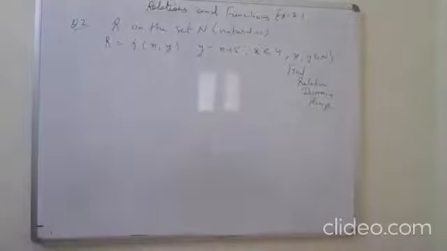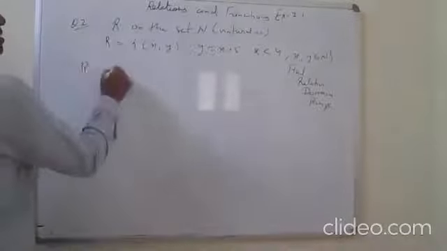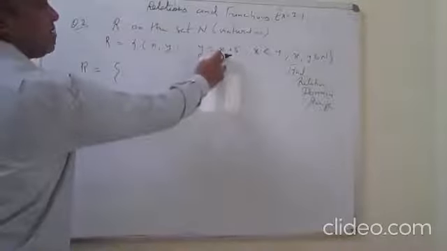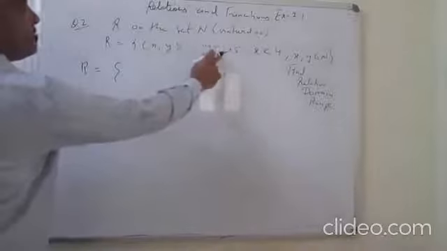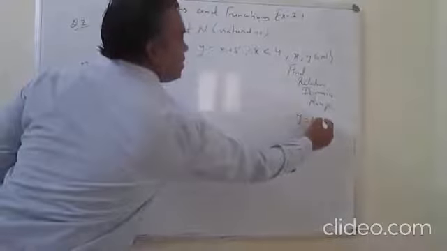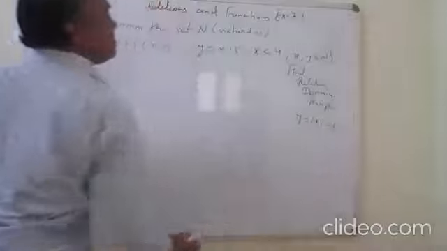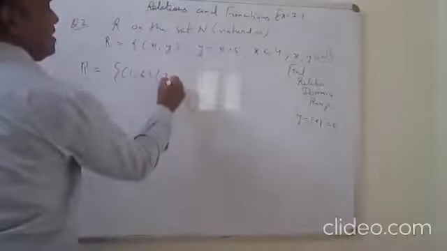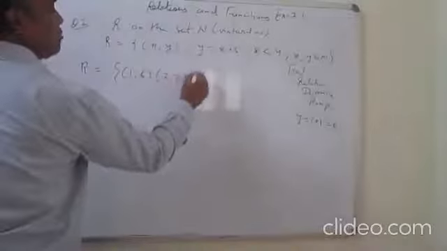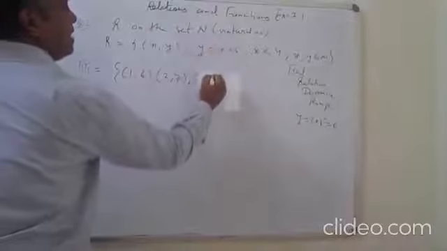So x is less than 4. So what is the relation? If I put x is equal to 1, then y is 1 plus 5, which is 6. So 1 comma 6. If I put 2, then y is 7. If I put 3, then y is 8.